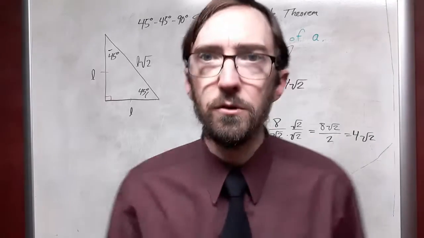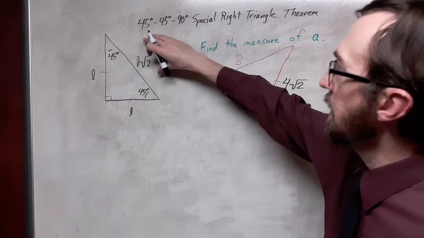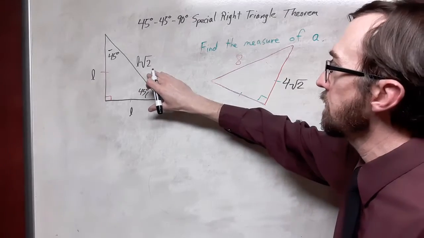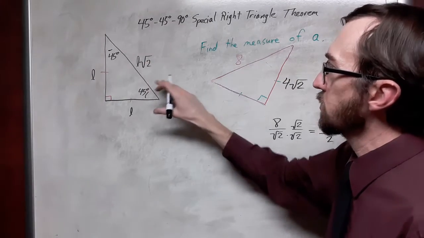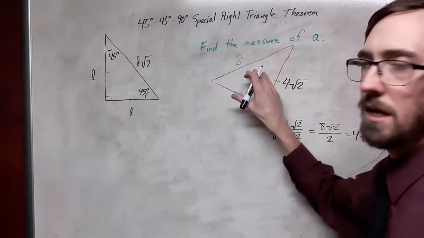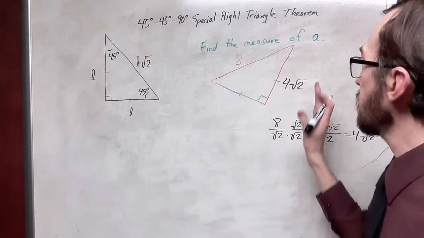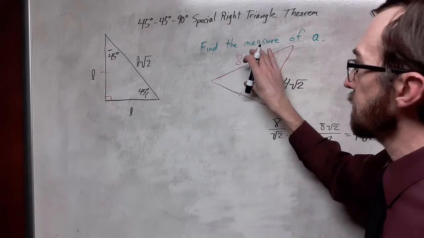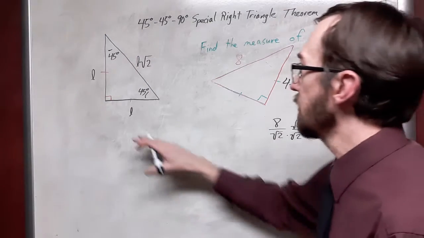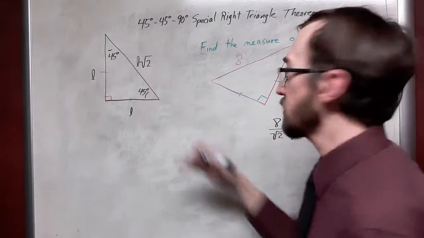I want to point out, I don't want there to be confusion here. Notice that in the theorem we have the hypotenuse has the square root of 2 attached to it. The hypotenuse here does not have the square root of 2 attached to it. If we go from this side to the hypotenuse like we did in the last problem, we see we move from here to here, we multiply by the square root of 2.